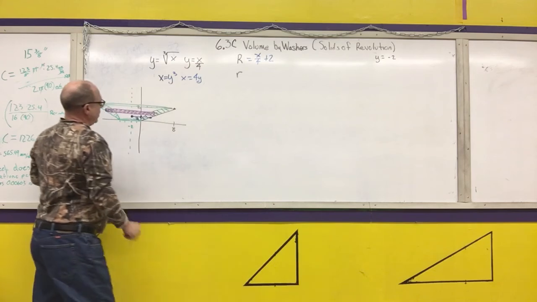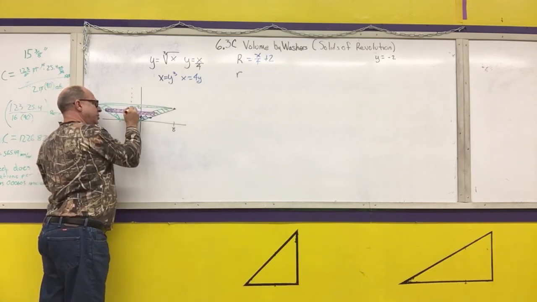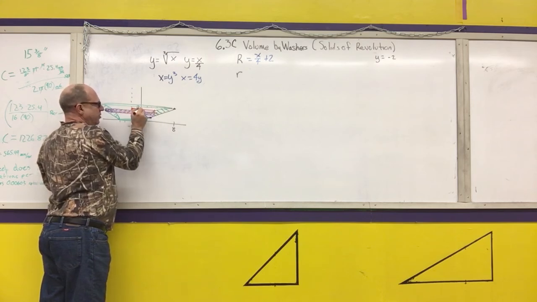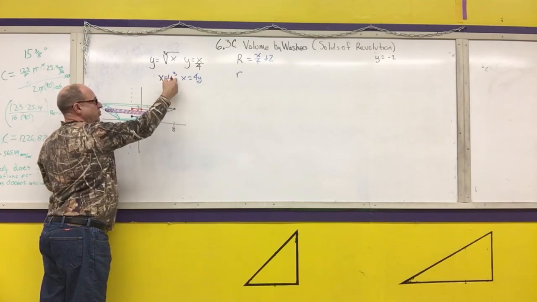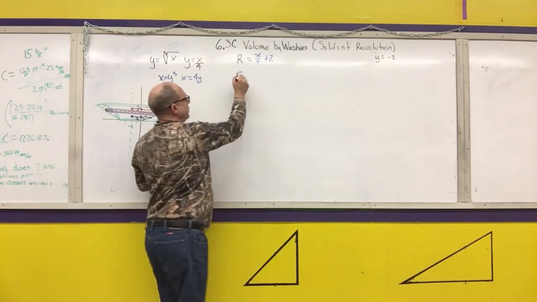My little r is the distance from the center of rotation to the inner curve. The distance from the center to the y-axis is 2. The distance from the y-axis to the inner curve is my cubed curve. So it would be 2 plus y cubed.